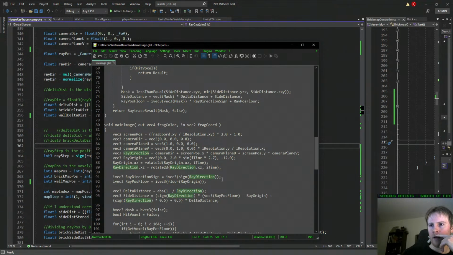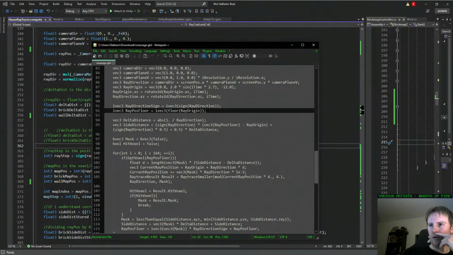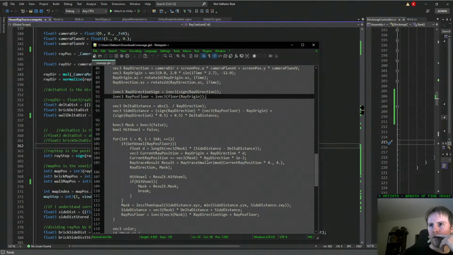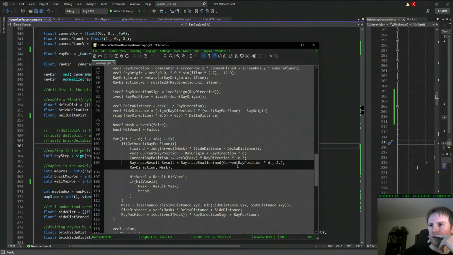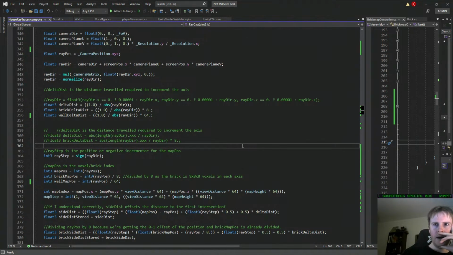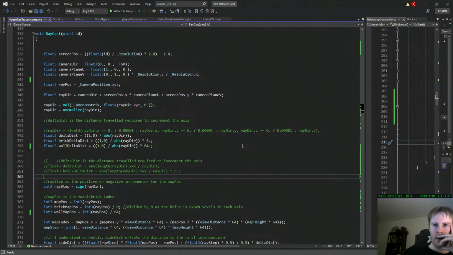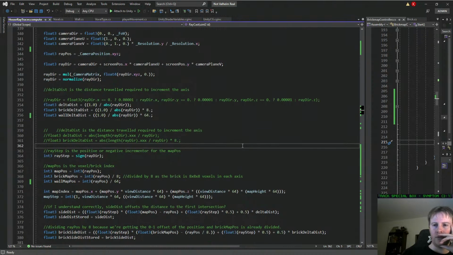And from main, he's got a loop that calls ray trace smaller with the current ray position. And then he gets a ray trace result, which gives him his current ray position. So yeah, that's basically what we have to do.